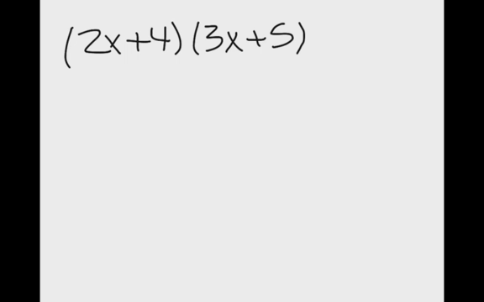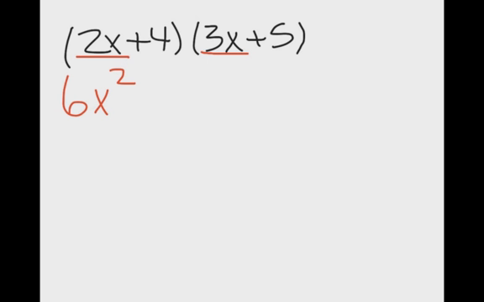When multiplying these, we're going to make sure we multiply everything in the first parentheses by everything in the last parentheses. So we are going to start off taking our 2x times our 3x, which would give us 6x squared.